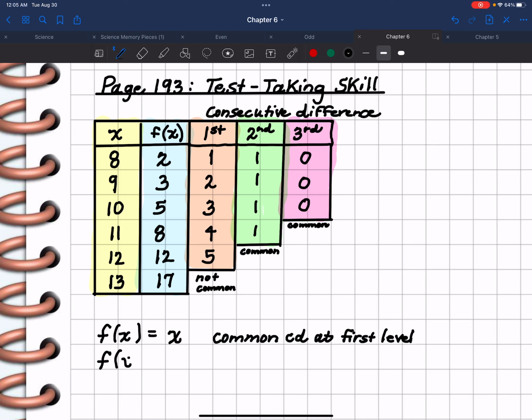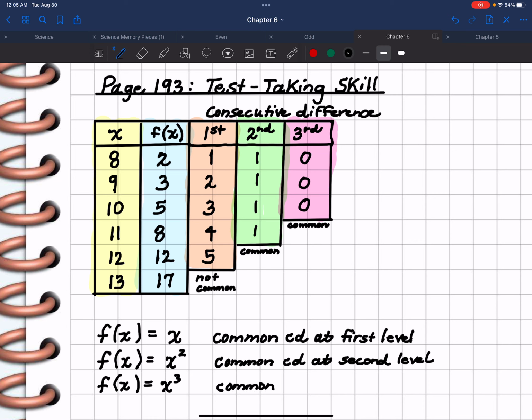So if the function is second degree, it will be common at the second level. If the function is a third degree, it will be common at the third level, and so on.